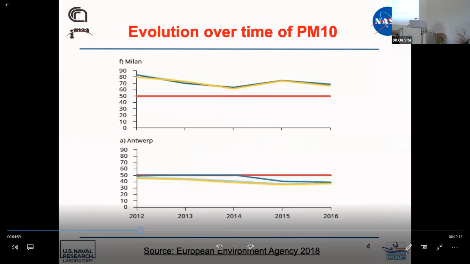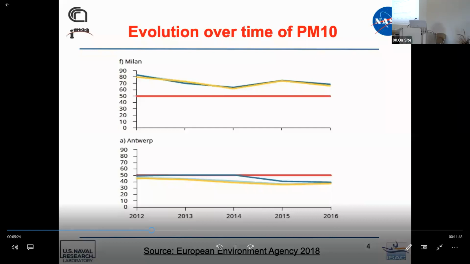So this is the evolution over time of the PM10 in cities, so in big industrialized metropolitan regions, like this one in Milan, in the Po Valley. So this red line here is the limit, a threshold fixed by the European community.